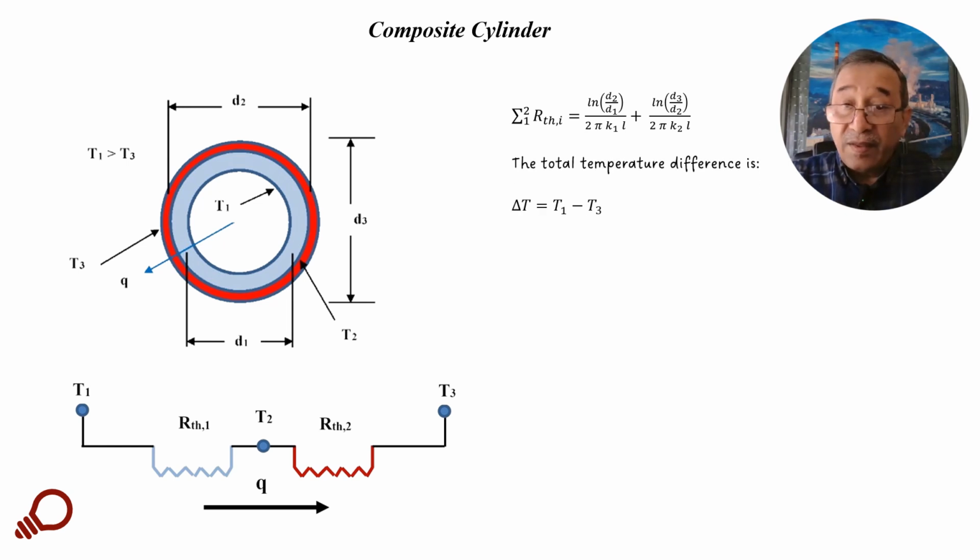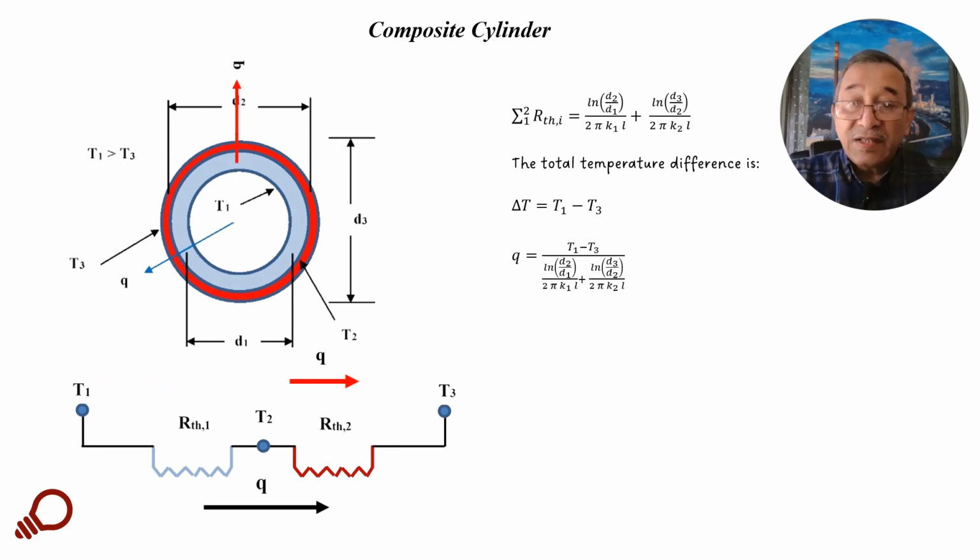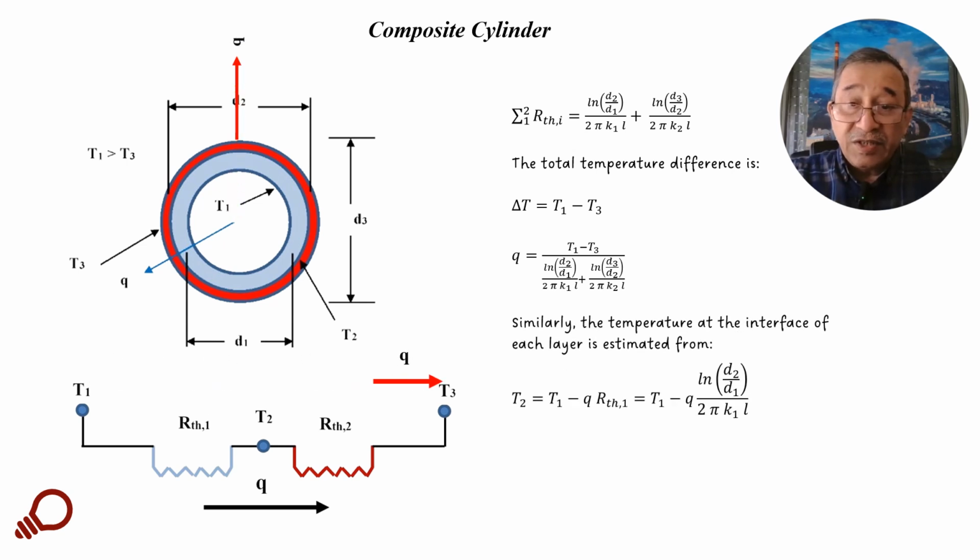And that system is bounded by a total temperature difference between the inside and the outside temperature of the surface of the insulating material, which is delta T equal to T1 minus T3. In that sense, we have Q equal to delta T overall divided by the total thermal resistance, which are connected in series.